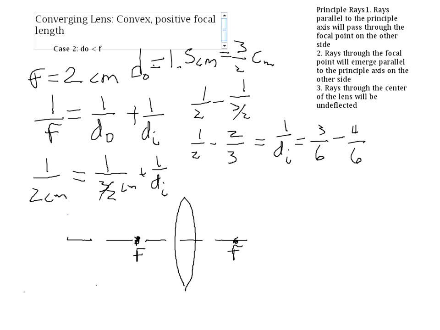That's minus 1/6. 1 over di is minus 1 over 6. So di is equal to minus 6 centimeters. The fact that we have a negative image distance means that our image will be virtual.